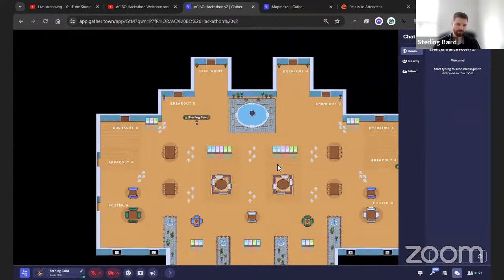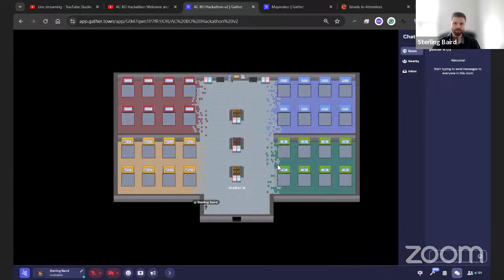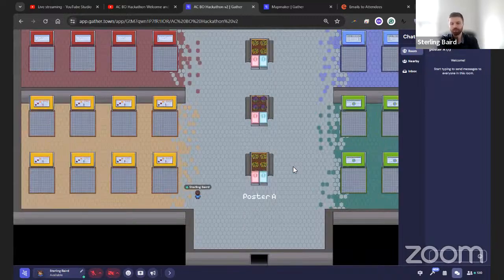And if we go down to one of the poster rooms, this is where each of the projects will have a poster. What goes on the poster can be an actual image of a poster, or a link to a GitHub repository or some other resource they make, or a link to a video, which is the eventual and final submission for the hackathon: a 2-minute video.